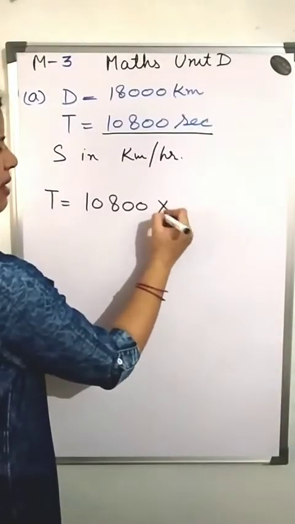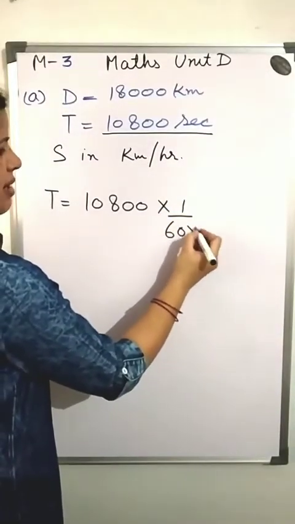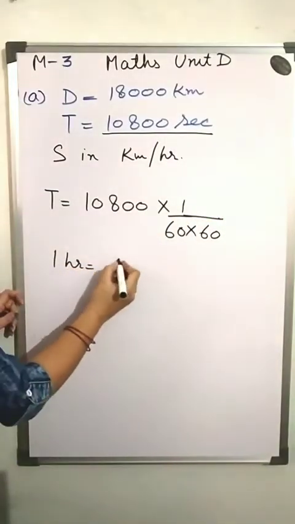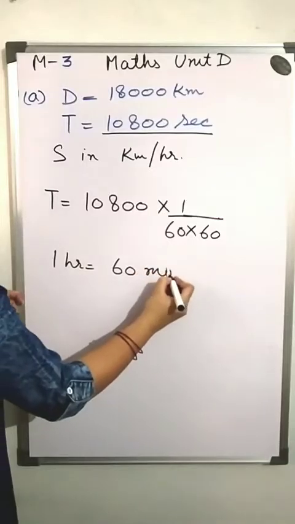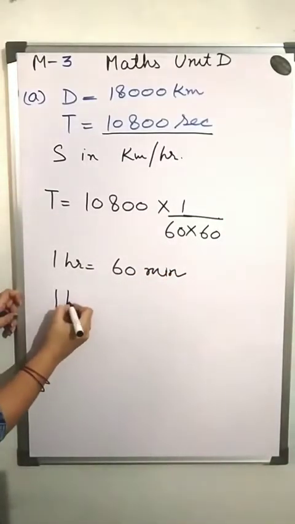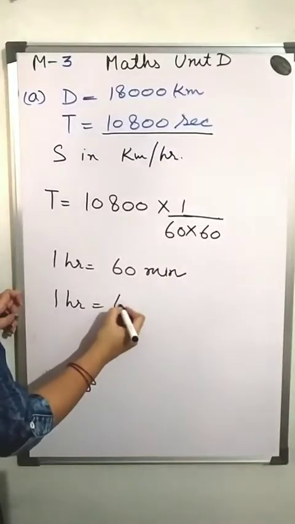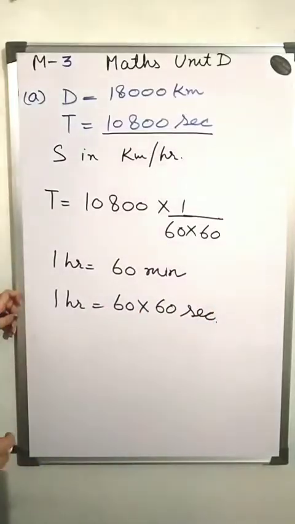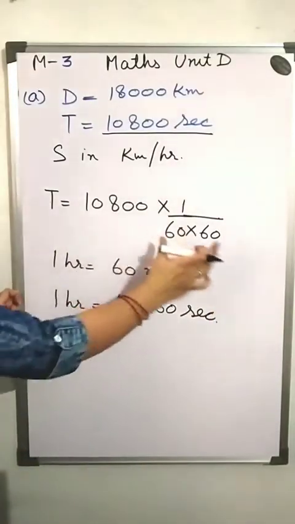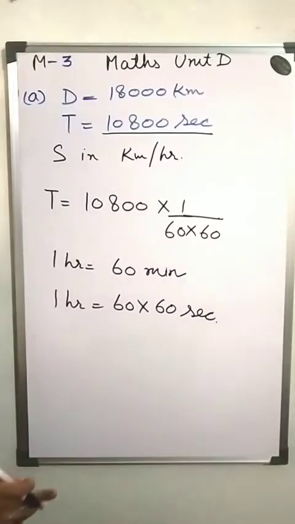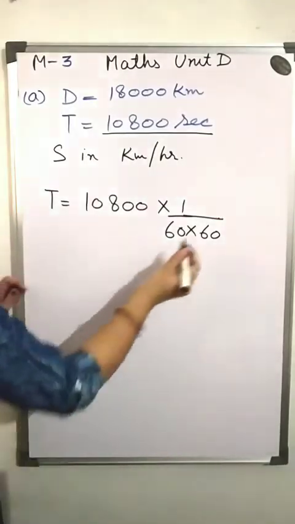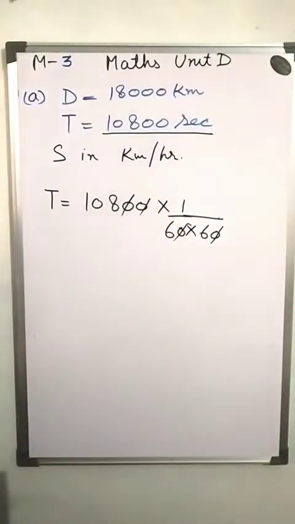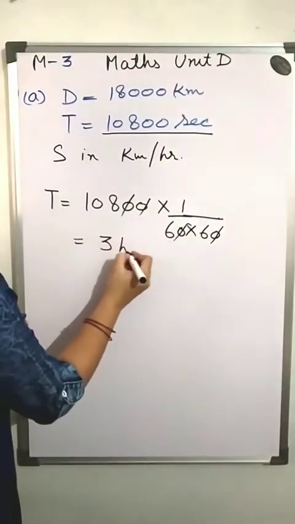So whenever we are converting seconds to hours, we divide by 60 into 60. Now cut them. The answer is equivalent to 3 hours.